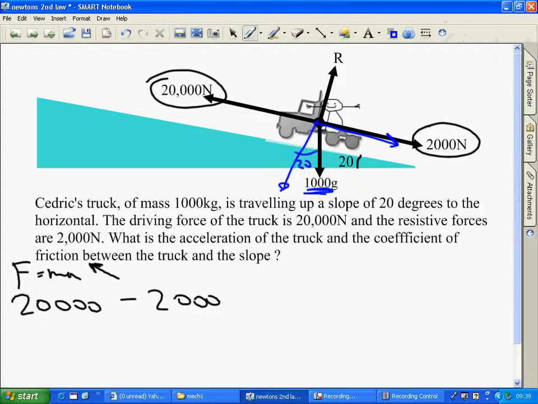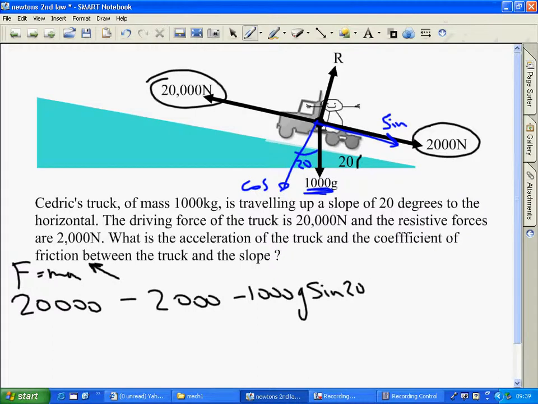That angle's 20, so this is moving through the angle, cos, this is moving the opposite, which is sine, so the component of the weight is 1,000 g sine 20.